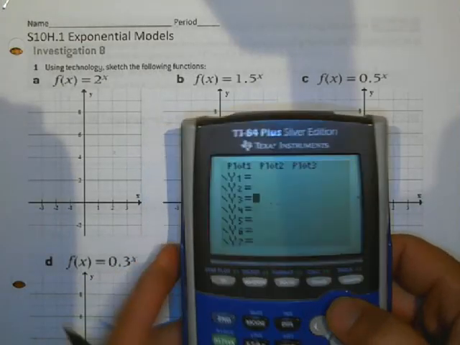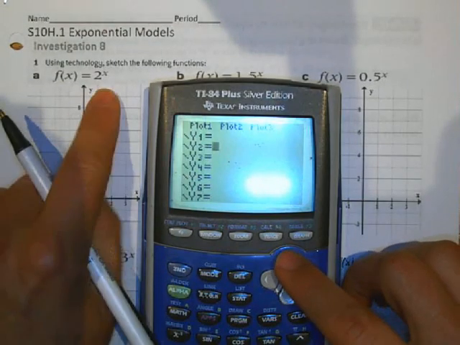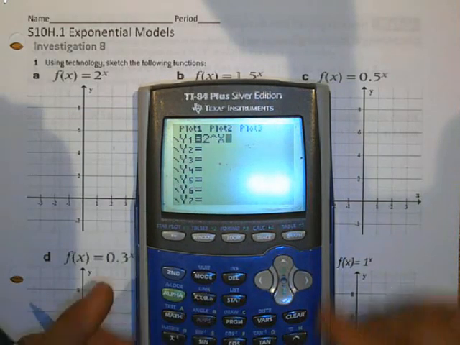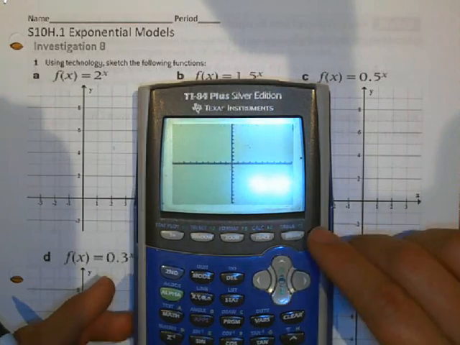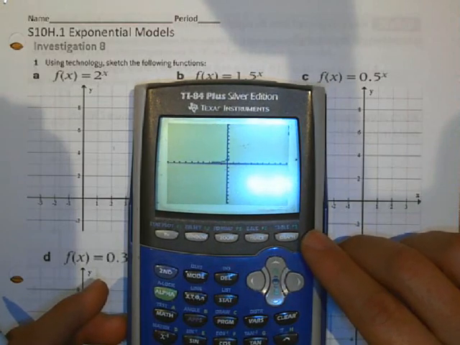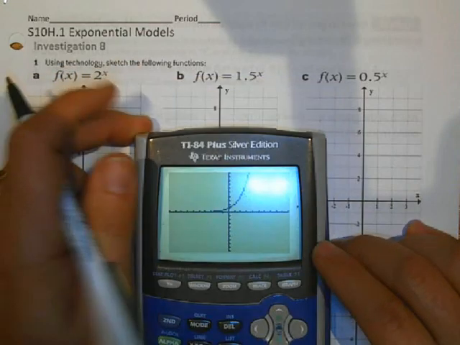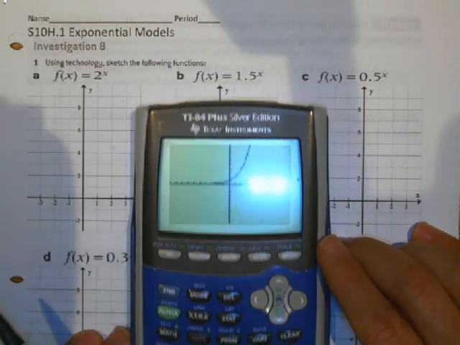Okay, so my first function is 2 to the power of x, and then I hit graph, and we can see it has this type of a shape. And my next function is 1.5 to the power of x.